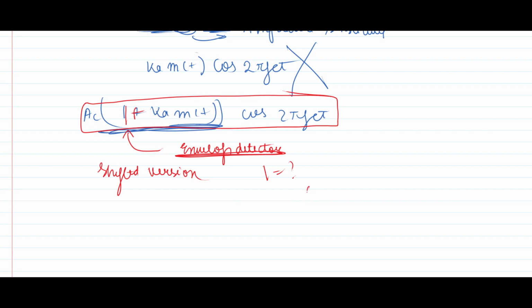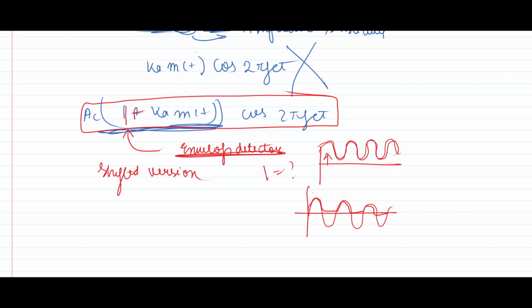I'll tell you in short for some basic explanation: if this is your signal, the envelope detector works by moving like this only for the positive part. So your signal should be completely in the positive direction if you want to detect the complete signal. So to move it, we add 1 so that it moves to the positive direction.